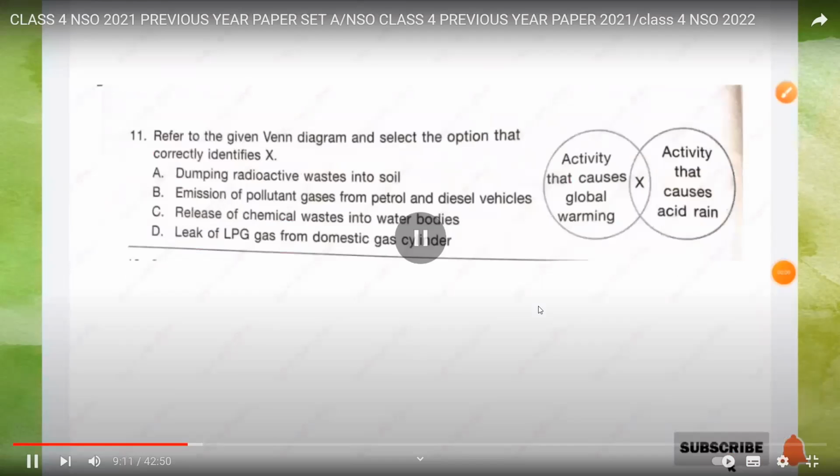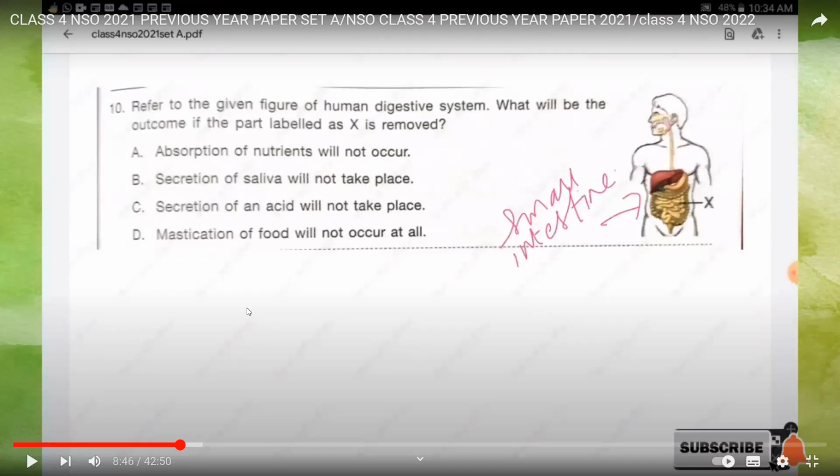Have you understood better? It will be A. Is it clear better, this one? Is this answer clear to you?